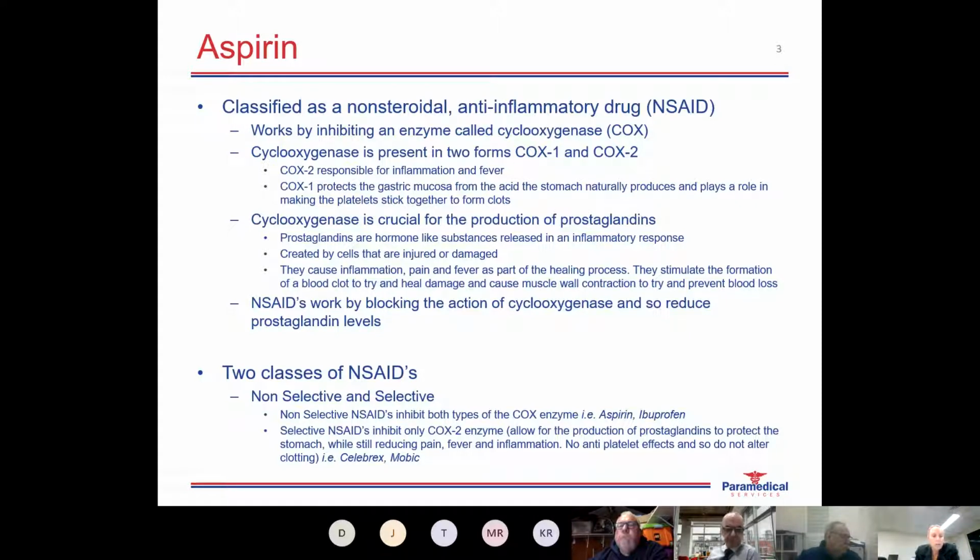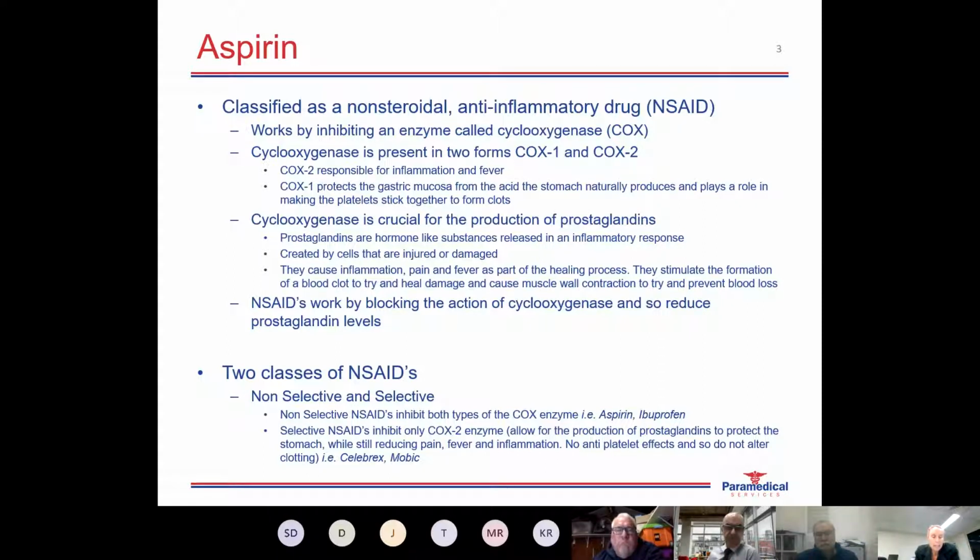So cyclooxygenase is crucial for the production of prostaglandins. Prostaglandins are hormone-like substances released in an inflammatory response. They are released at the site of injury, and they're created by the cells that are injured or damaged.